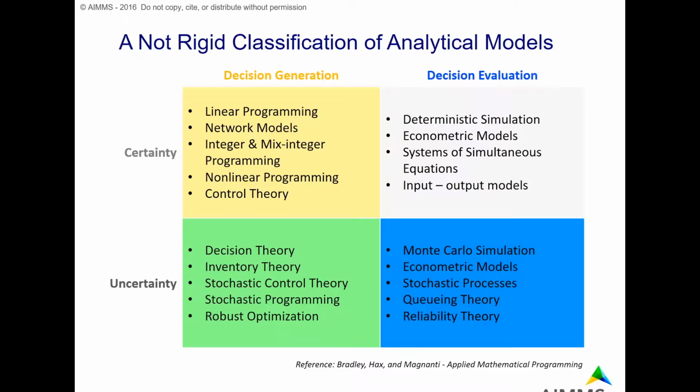Optimization or mathematical programming in general, including linear programming, network models, integer and mixed integer programming, nonlinear programming, control theory, etc., falls into the strategy generation under certainty quadrant. The assumption here is that the input is known, and also the relation between input and output is known.